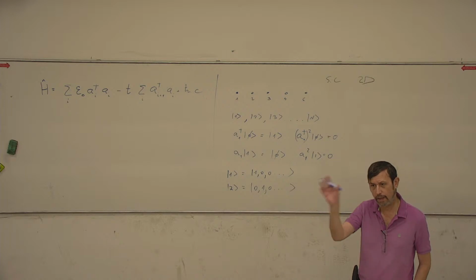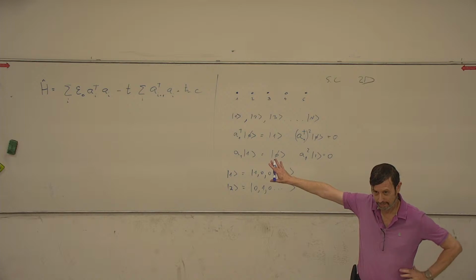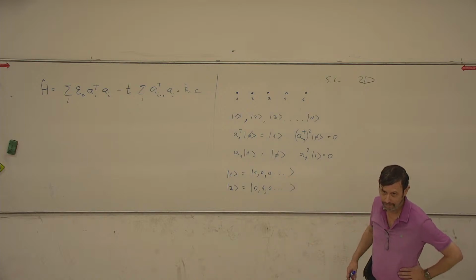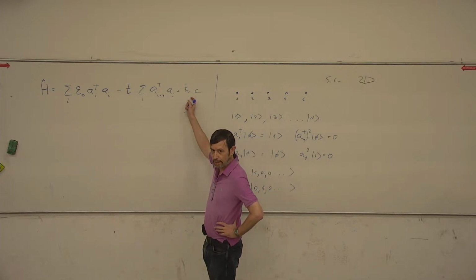T is a constant, I'll connect it to gamma once I solve it. First, what is HC?